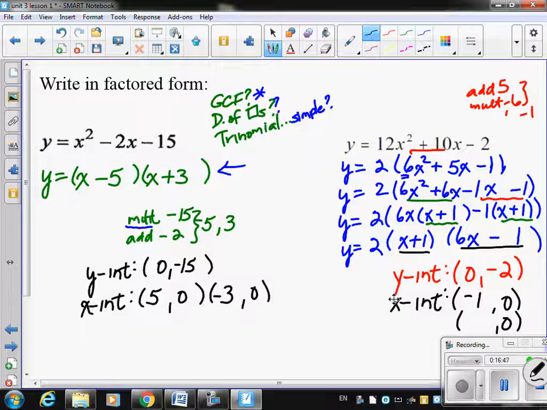Oh no. If you can do it in your head, number one, I'm proud of you, but be careful. I'm not sure about that one, so I'm going to set it equal to 0. I'm going to add 1 to both sides and divide both sides by 6. So my x-intercept from the second bracket is 1/6.